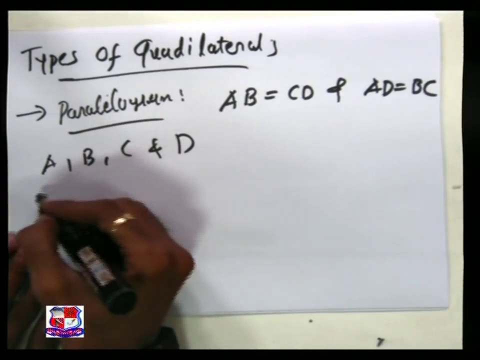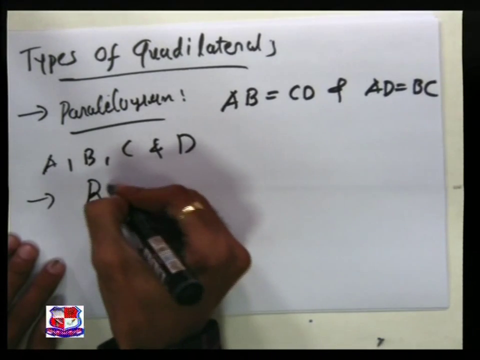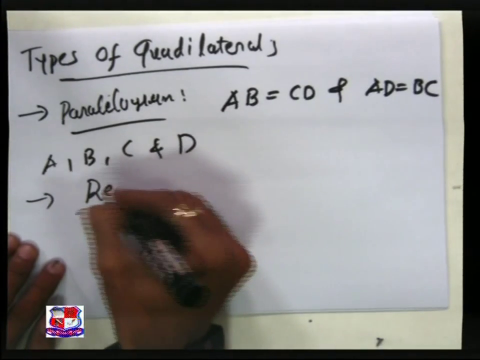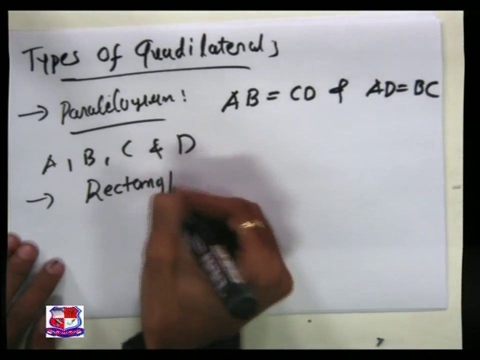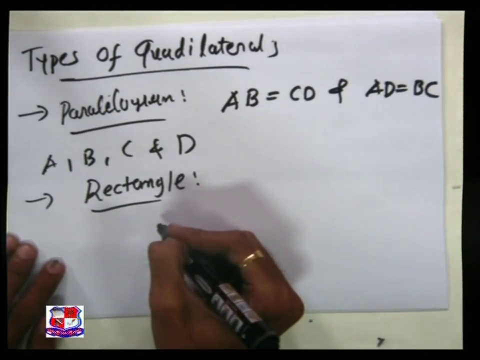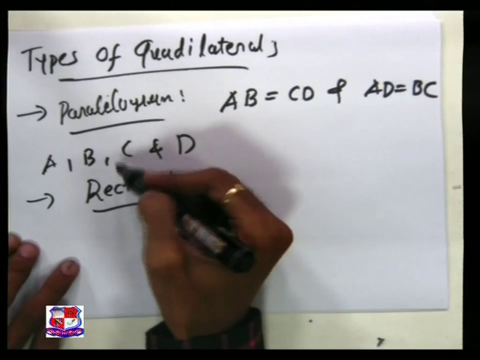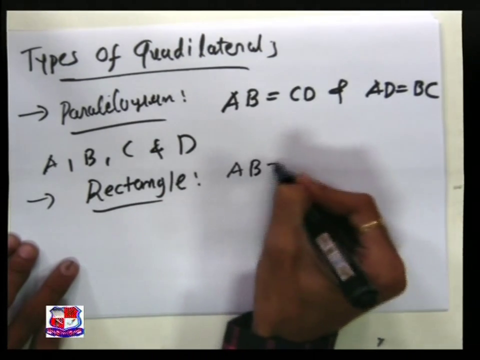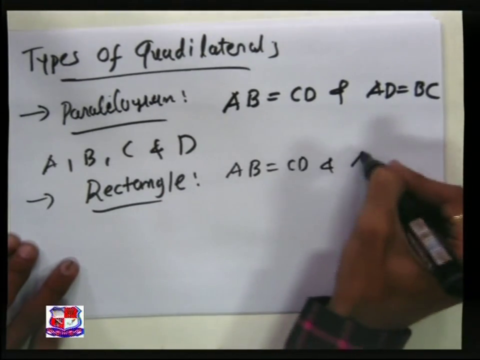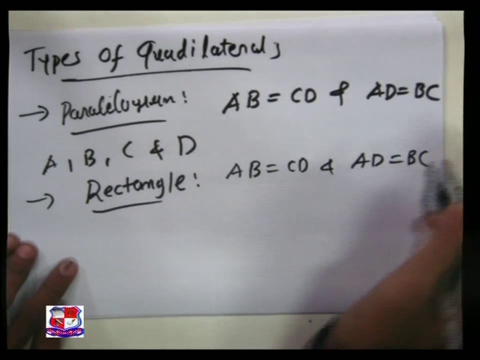In the same way, if we want to prove that the vertices form a rectangle, what are the properties of a rectangle? Here the opposite sides are equal, that means AB is equal to CD and AD is equal to BC.